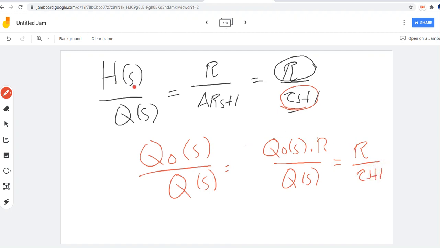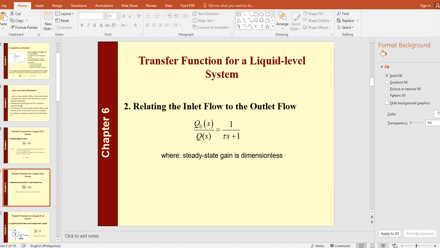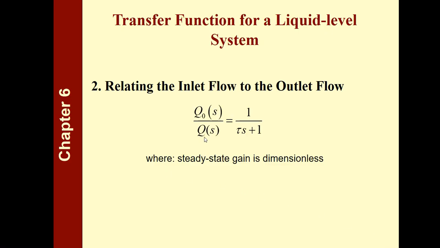Our goal is to have this expression, so we cancel the R's. That gives us on the left side Q sub O of S over Q of S being equal to 1 over tau S plus 1. So that's the new transfer function from the original transfer function for the liquid level system. And that's this one. Okay?